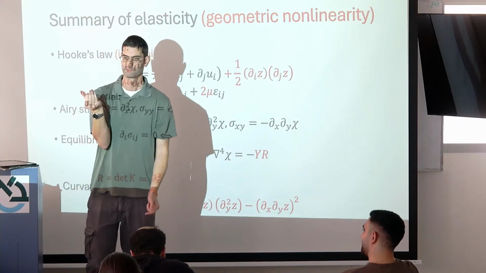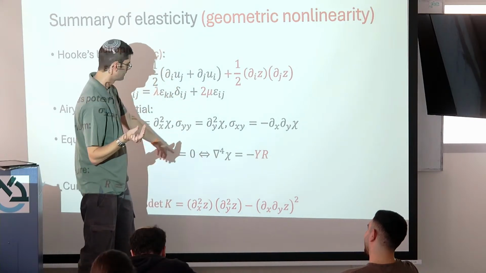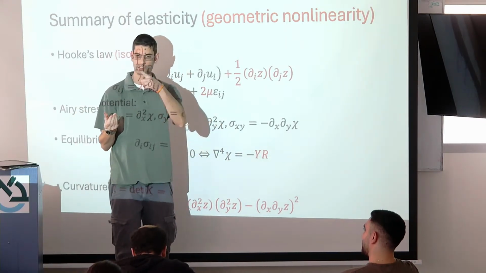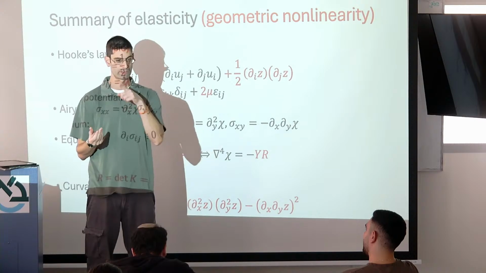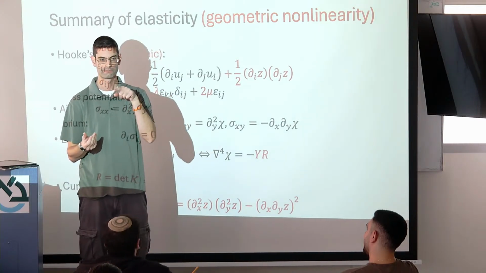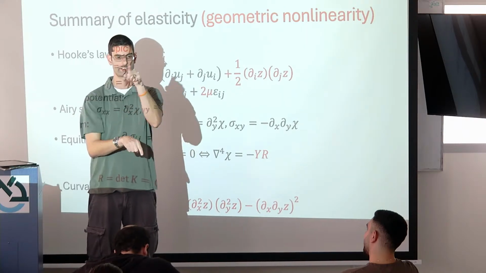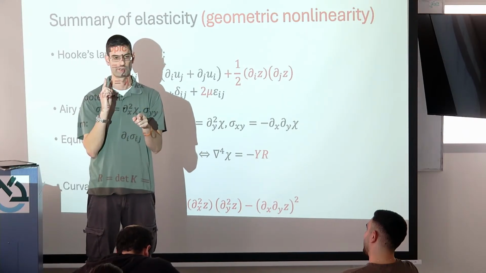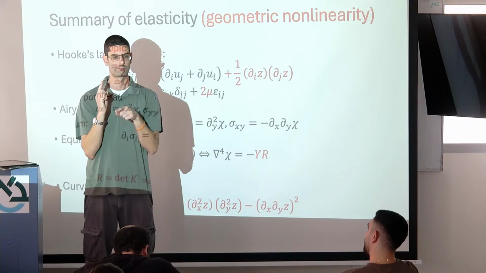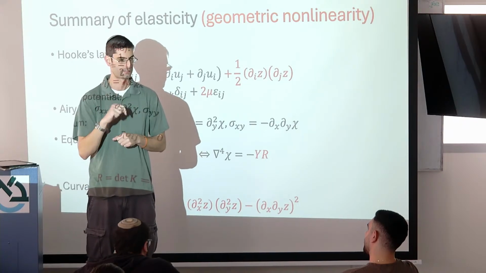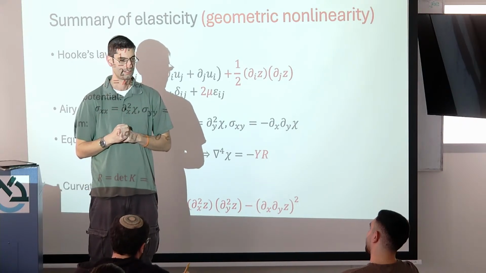The answer is this. So the total curvature is the product of the two principal curvatures. What that means is if I have a cylinder, something like this, which is flat in one dimension and curved in the other, the product is 0. Because it's 0 times something which is non-zero. Okay?